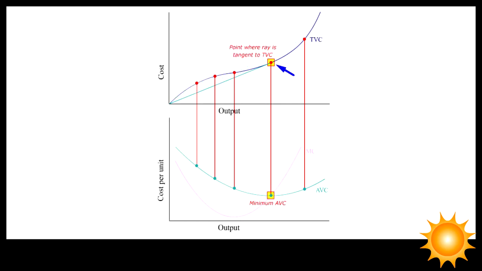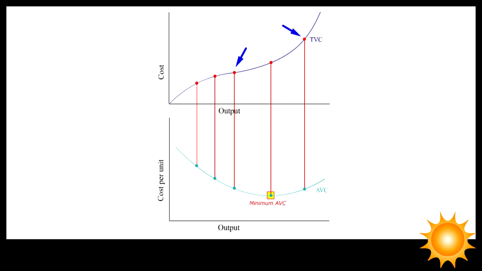Observations. First, AVC reaches its minimum when the ray from the origin is tangent to TVC. Since the slope of this tangency measures both MC and AVC, MC therefore intersects AVC at AVC's minimum point.